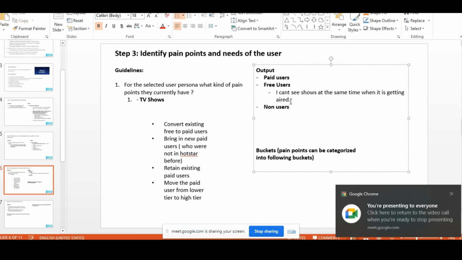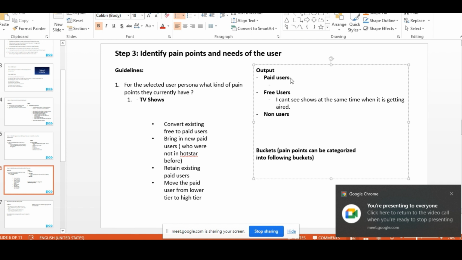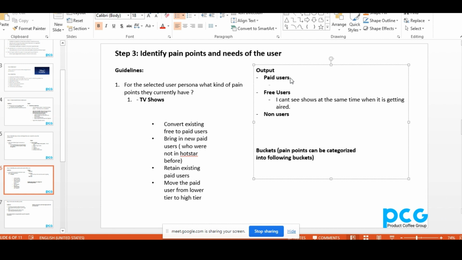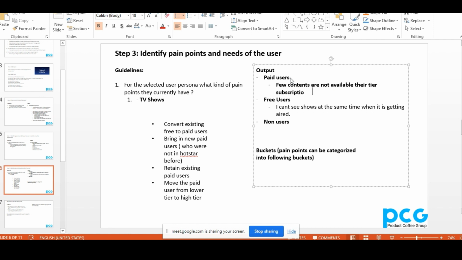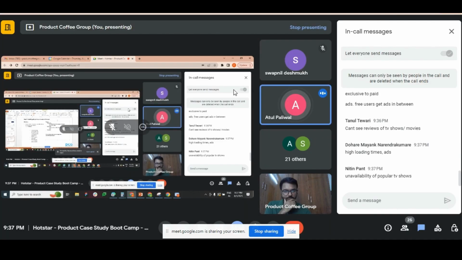Got it. So basically, this is where there's a frustration of a paid user. Let me write that down just a second. Few contents are not available for his subscription plan. Yes, one more similar point I would like to add.